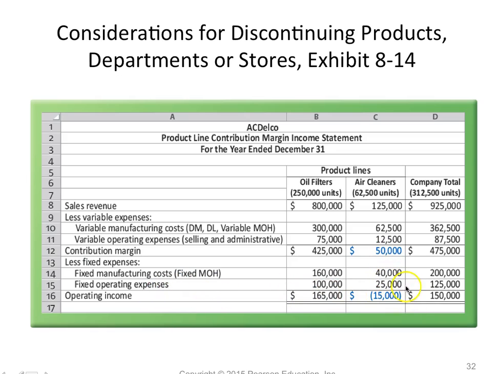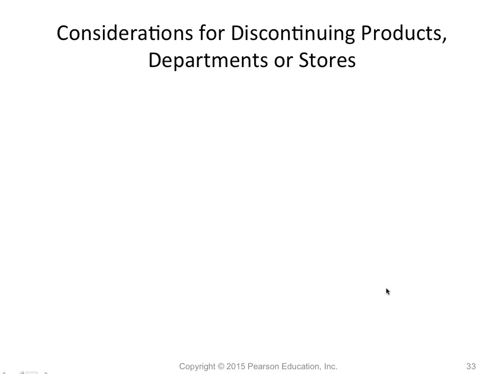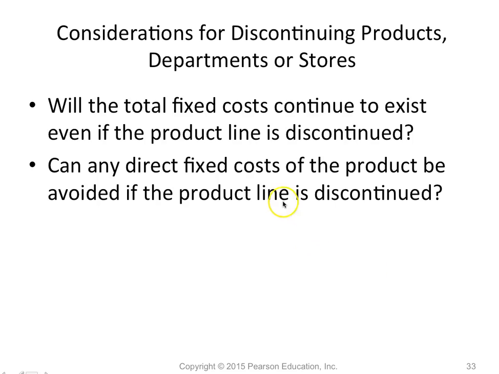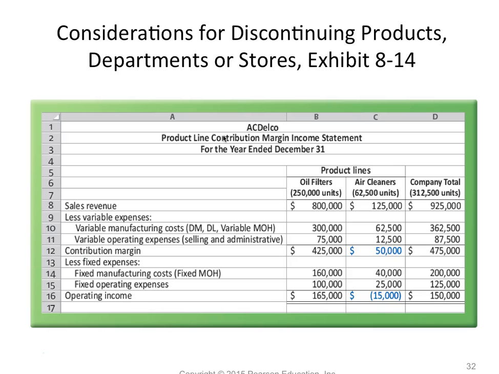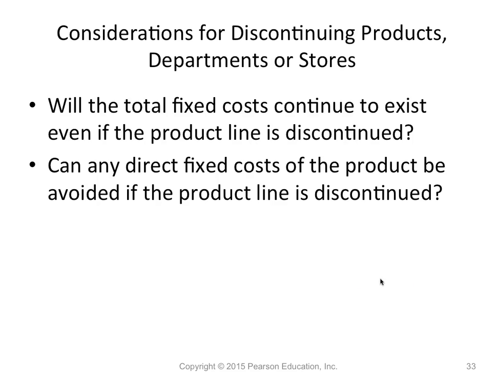Fixed operating expenses, in many cases, will not disappear either. Even if we discontinue something, we are still incurring some costs. For example, if 25,000 is a fixed cost that remains even though we discontinue, we'd rather not discontinue, because if we keep this line our loss will be 15,000 rather than 25,000 if we discontinue it. Those are the considerations.